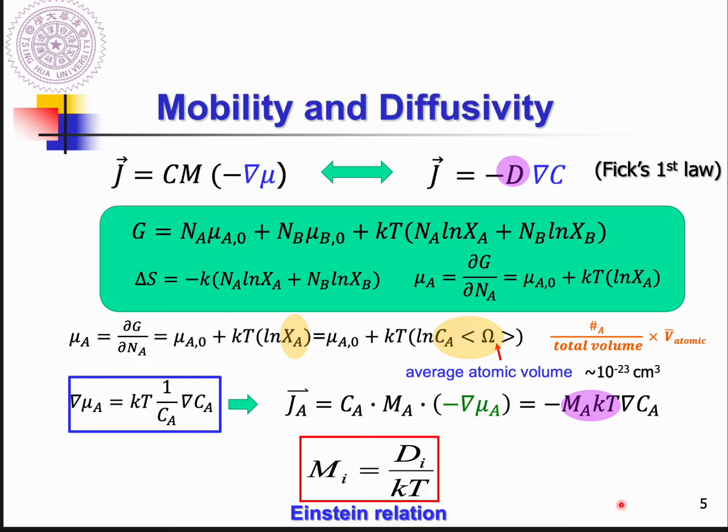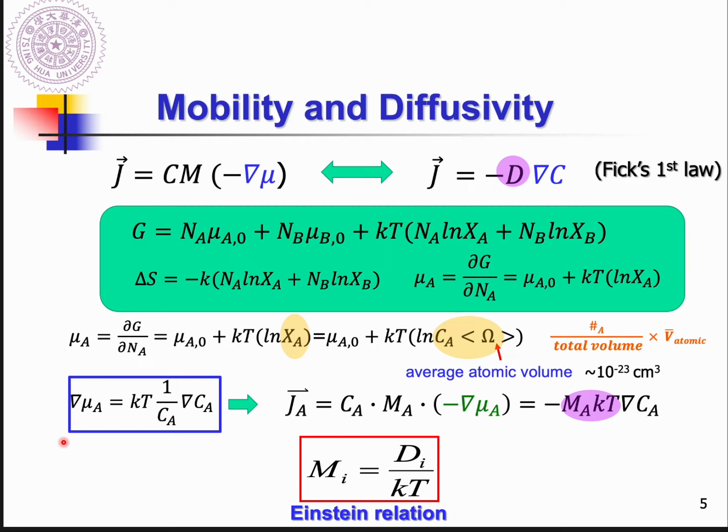So in this slide, there are three very important pieces of information you need to learn. The first one is the atomic fraction X equals the concentration times the average atomic volume. You are going to use this always or usually in the following slides, so please remember this relationship.